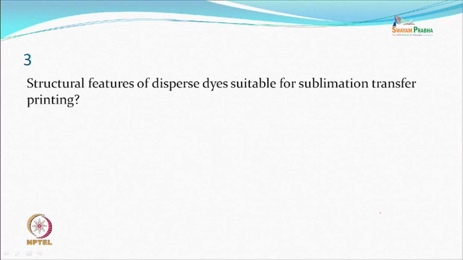This is also a general question: structural features of a disperse dye suitable for sublimation transfer printing. So, basically the question is for sublimation, and therefore, what can sublime? Sublimation obviously means without melting going directly to vapor, because if it melts then we do not know what exactly can happen.